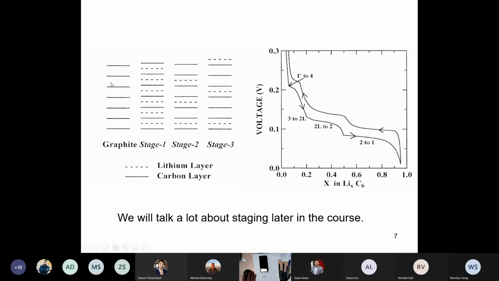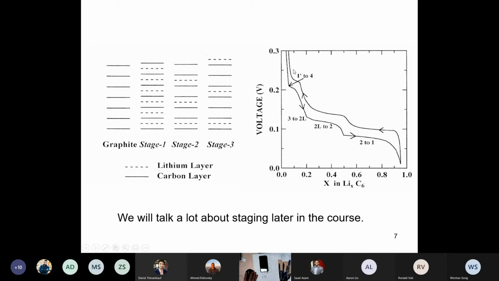And maybe the layers stay in AB stacking. I'm not sure that that's known. So what you see in the voltage composition curve in that part is a voltage that comes down from about 0.8 volts to about 0.2 volts, just before 0.2 volts, a very steeply varying voltage curve.